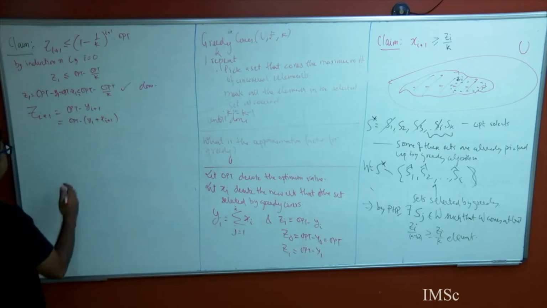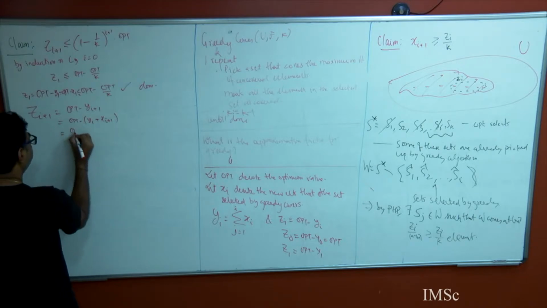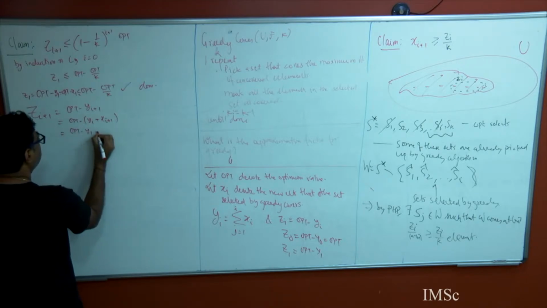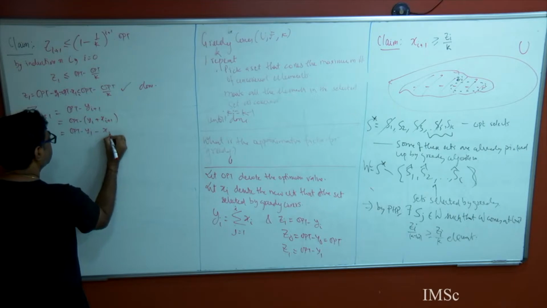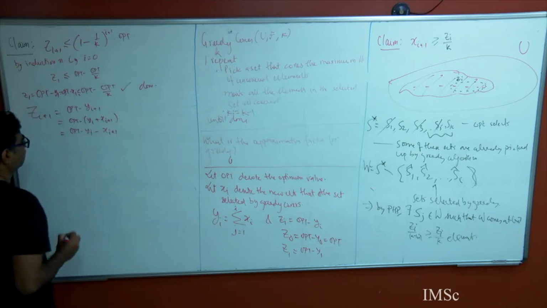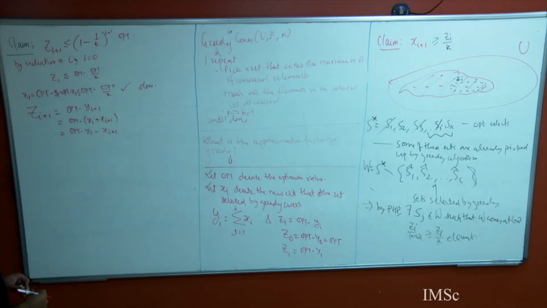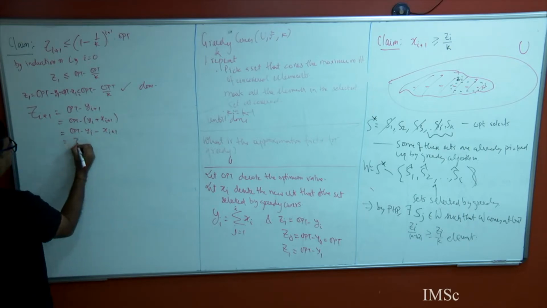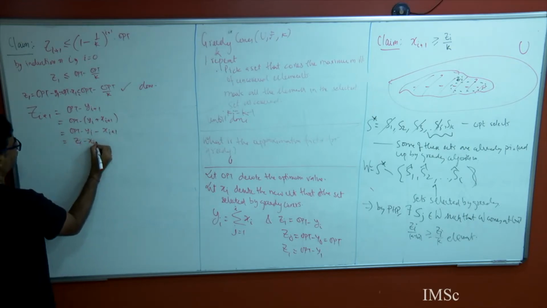Now this is opt minus Yi minus Xi plus 1, right? But opt minus Yi is Zi, so this is equal to Zi minus Xi plus 1.